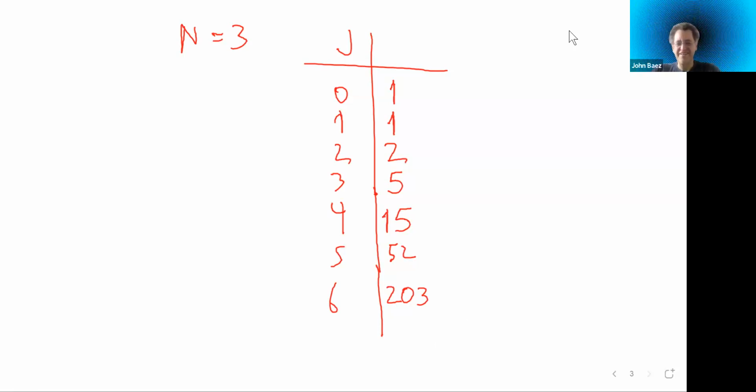What's interesting about the number 52? I'll bet somebody has invented, those crazy people who do card tricks, a card trick that involves the 5th Bell number. Must be a poker thing or something like that.